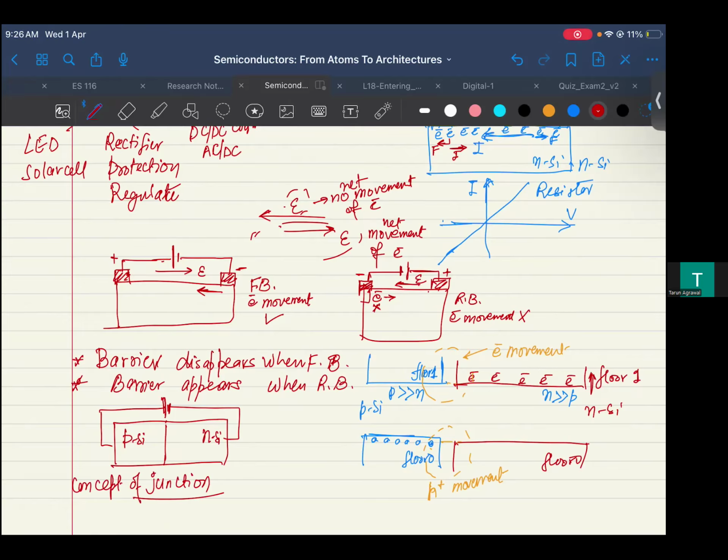That makes this junction, and this is going to be the heart of many electronic devices, diode being one of them. We will talk about the whole physics of this diode, what this junction is doing when we are applying these voltages. But that is how one can come to the concept that if I want to make a different functionality, this is one of the key enablers in all the devices.